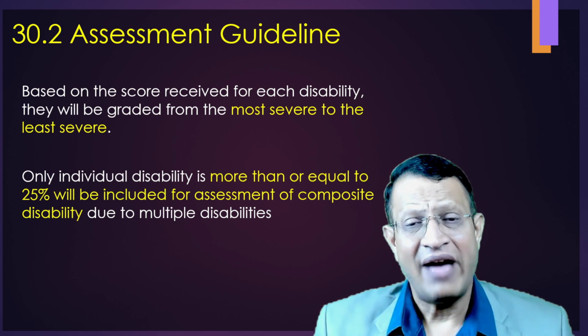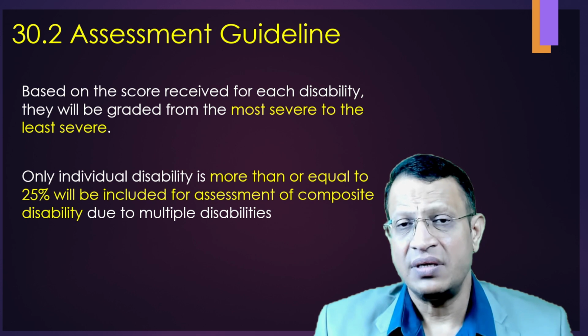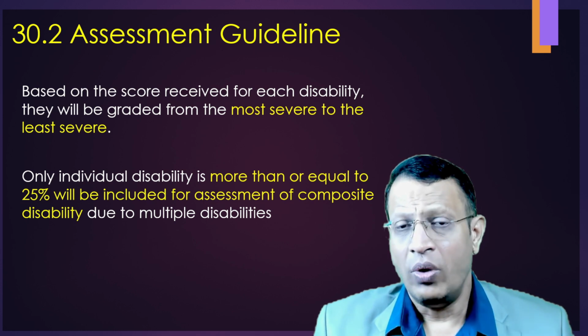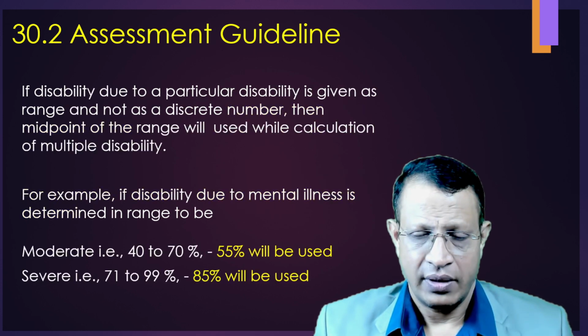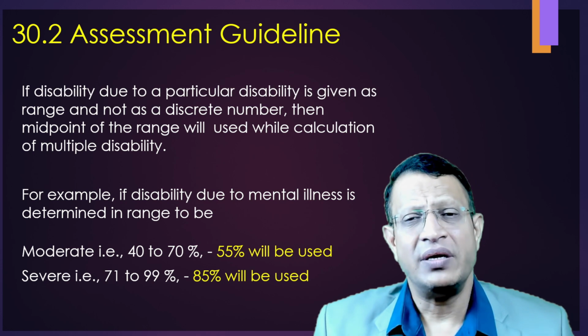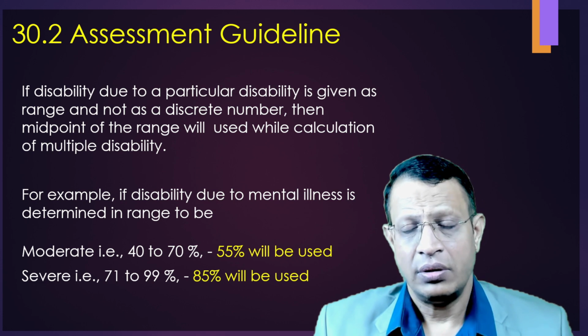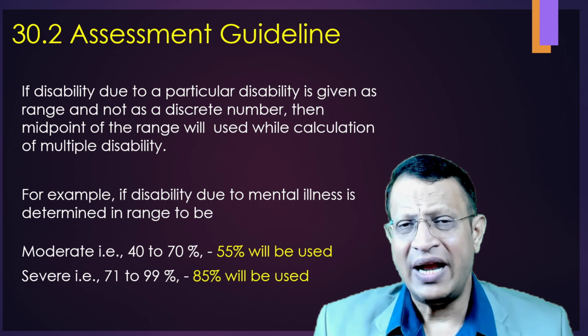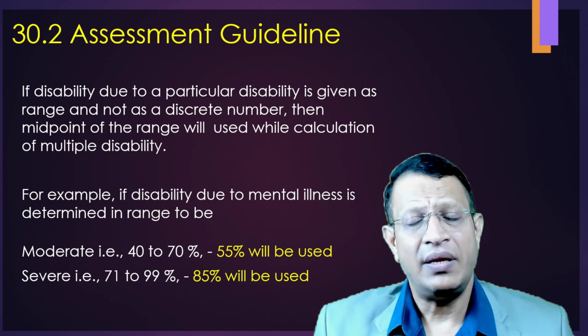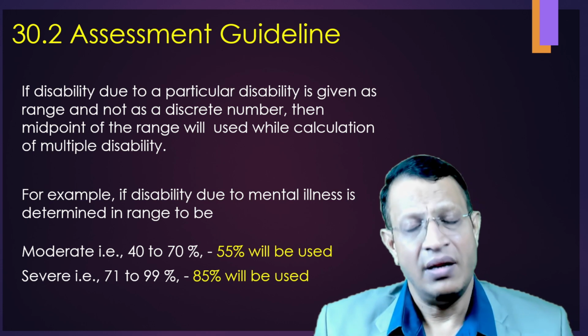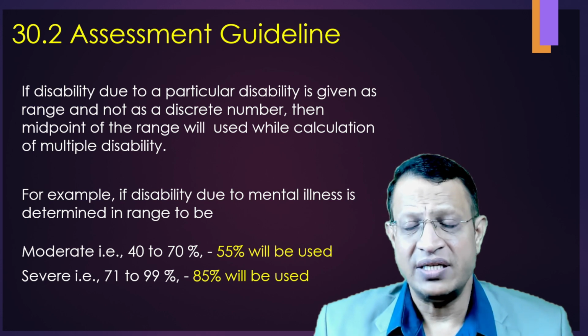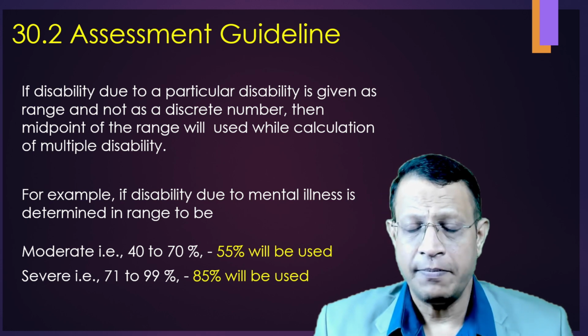Any person having disability more than 25% in any of the domains will be used for calculation. If disability due to a particular disability is given in a range, for example, mental illness, for example, autism spectrum disorder, the disabilities are given as mild, moderate, severe, and the scores are given in a range. For example, with regard to mental illness, the scale used is IDEAS, that is Indian Disability Evaluation Assessment Scale.